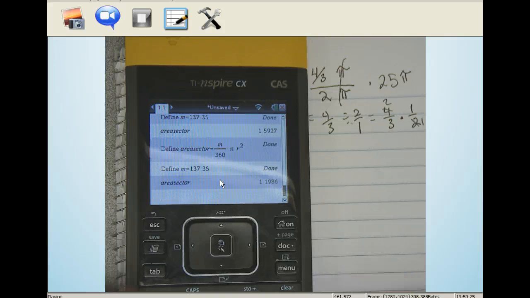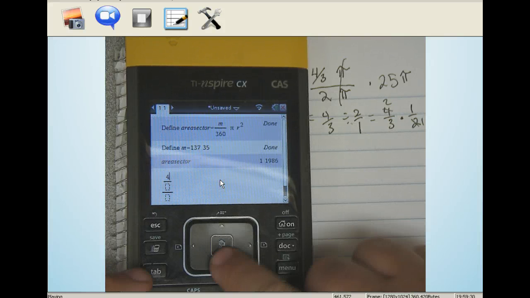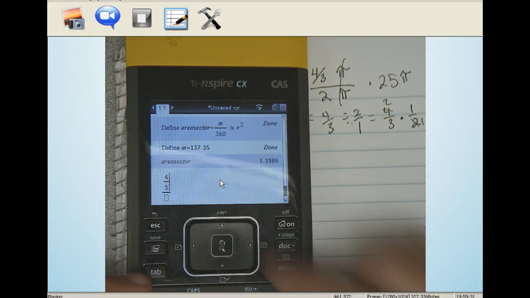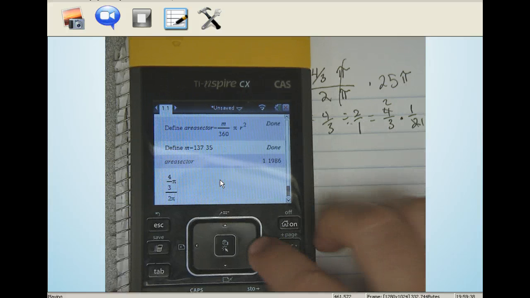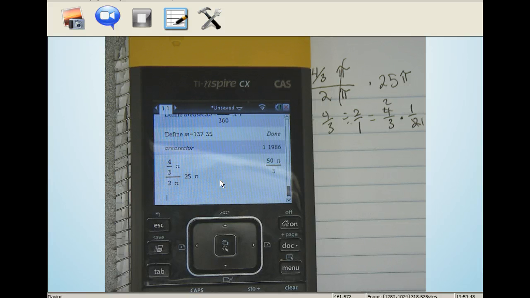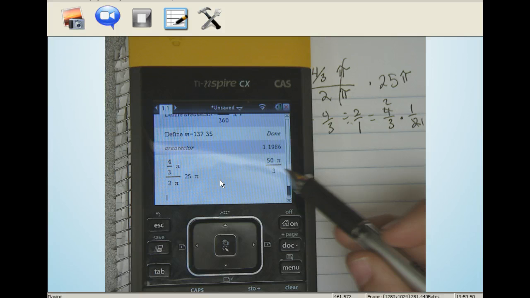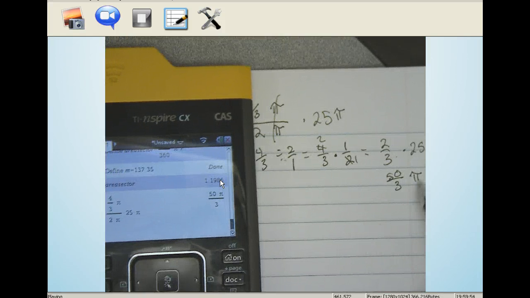If I do control divide and I put what is on top, 4/3 times pi over 2 pi, times 25 pi, and I get 50/3 pi, which is exactly what we had here.